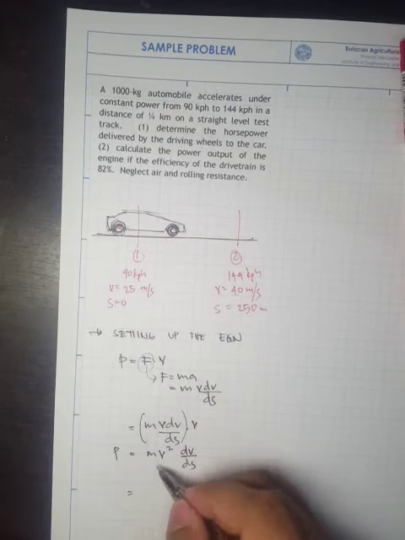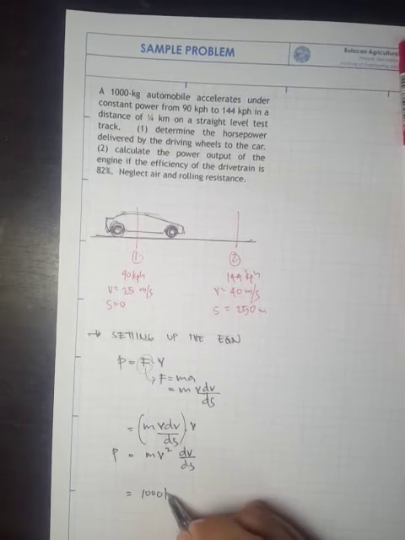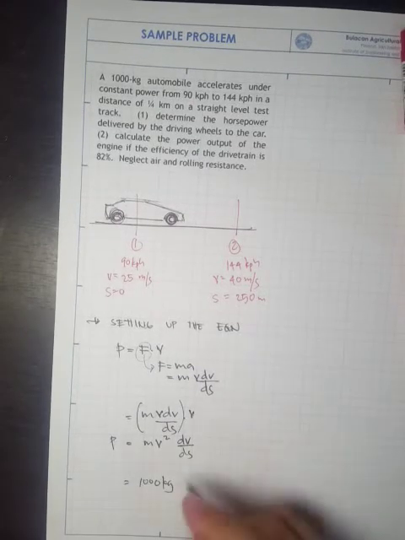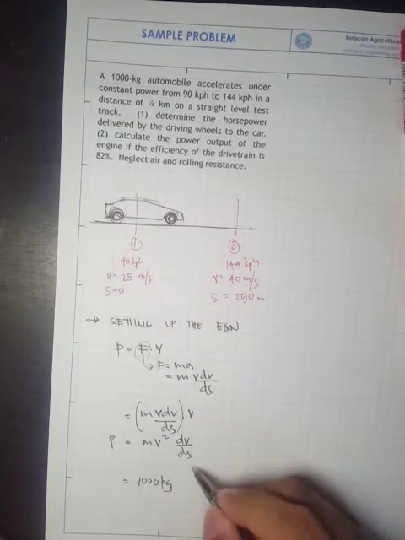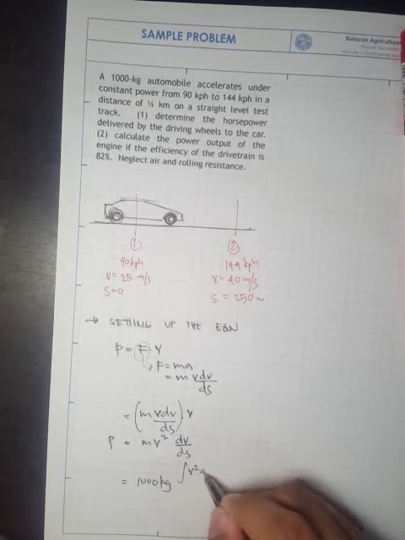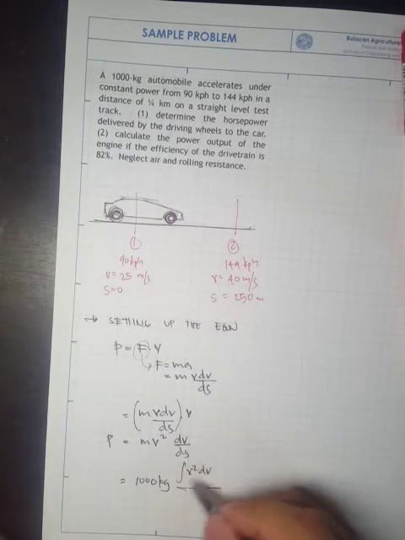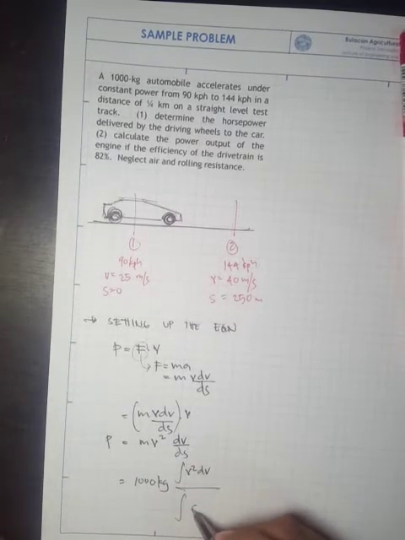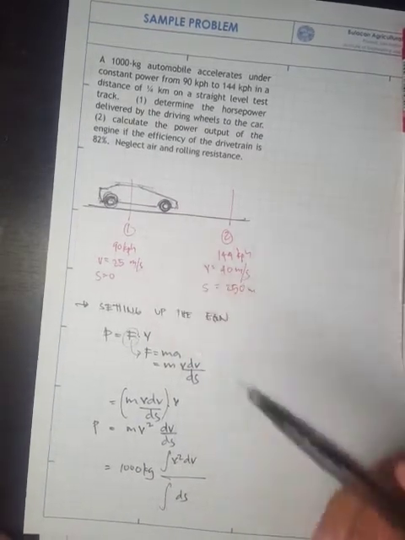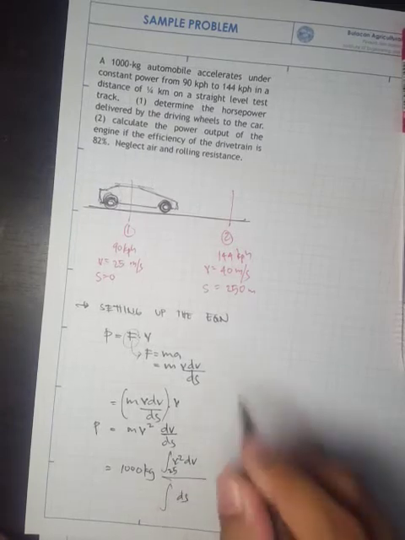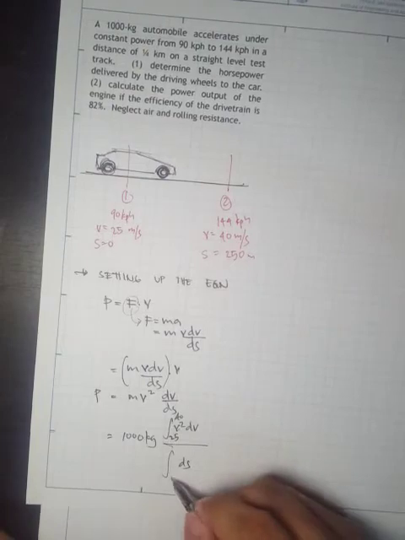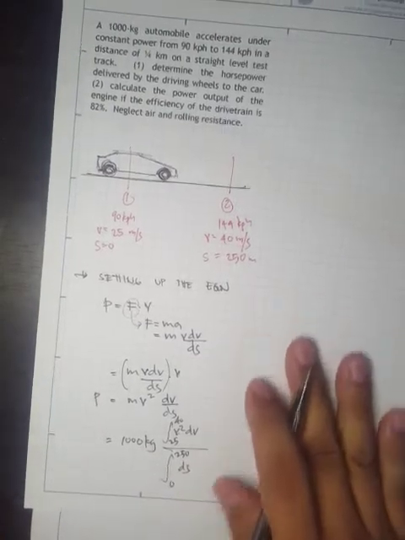So what's the mass? It's 1000 kilograms. Let's integrate v squared dv, and on the denominator we shall also integrate ds. The velocity from point 1 to point 2 goes from 25 to 40, and for the distance we have 0 to 250.